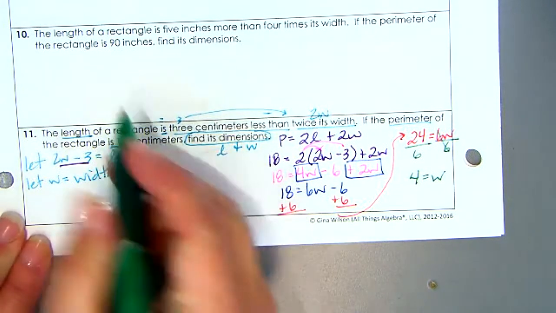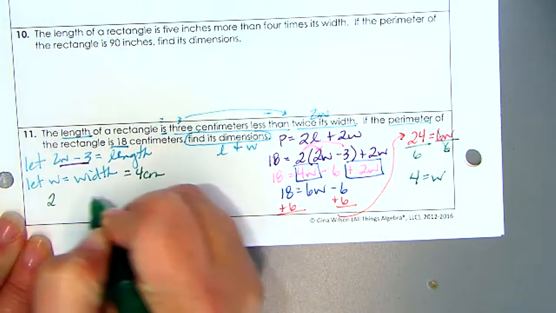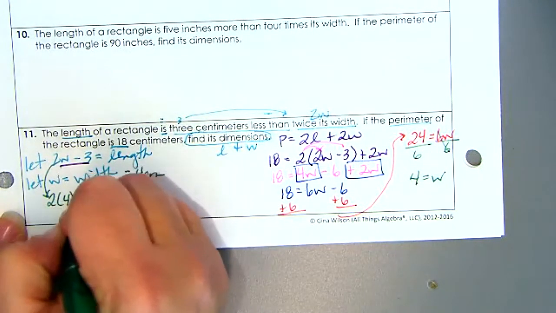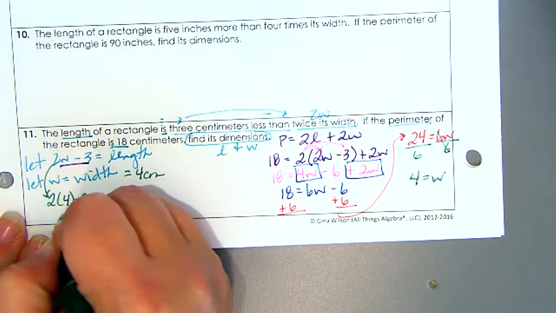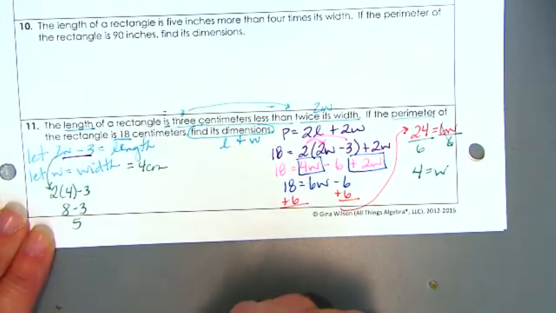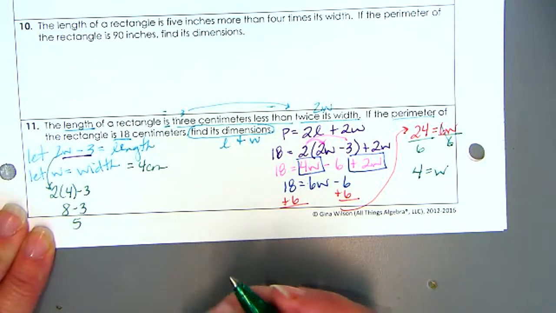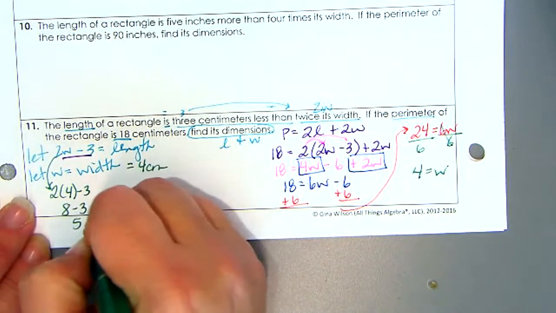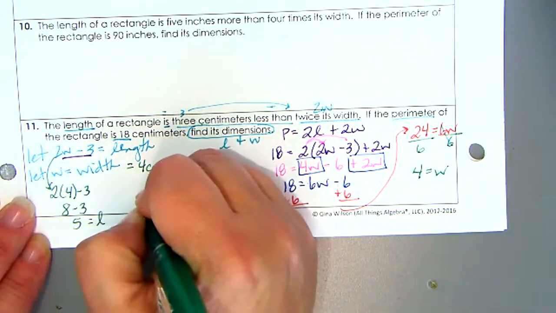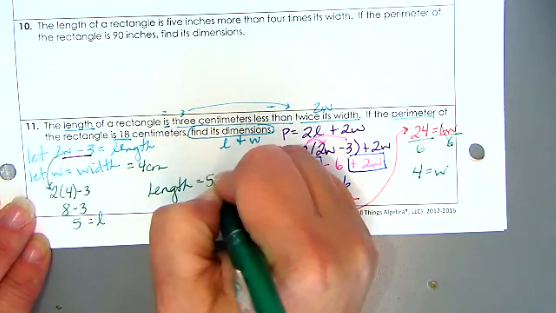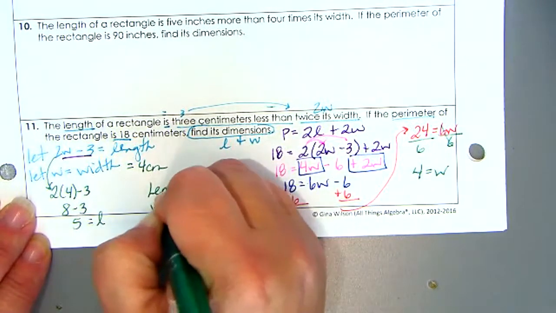So that means to find the length, I'm going to be doing 2 times 4 minus 3, which is going to be 8 minus 3, which is 5. So I end up with the length is 5 centimeters.